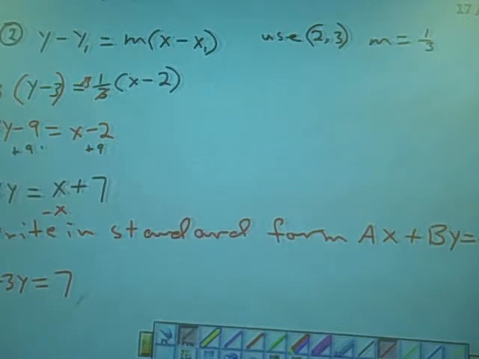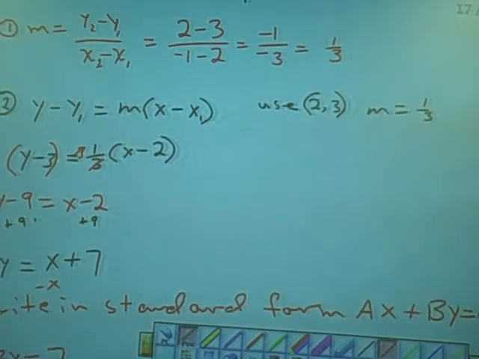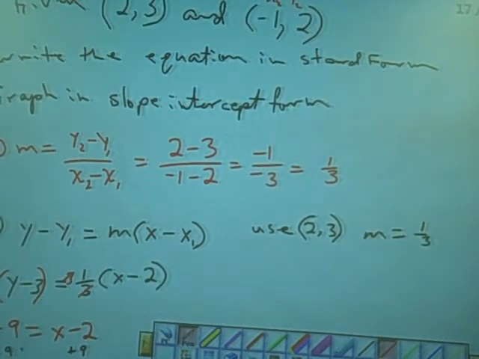Okay. So you should have gotten a slope of 1/3, and then we substitute. How many people use the second point, -1, 2? Anybody? No? Yes? Okay, you did. All right, good.